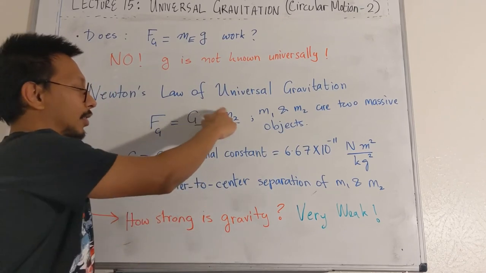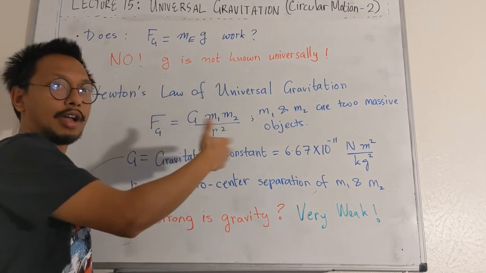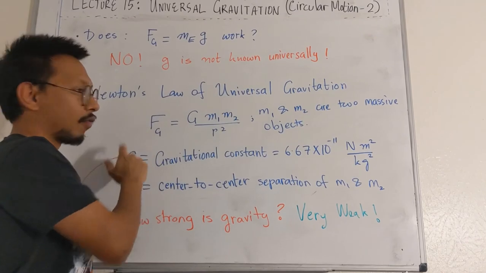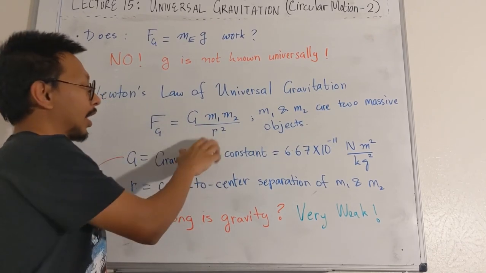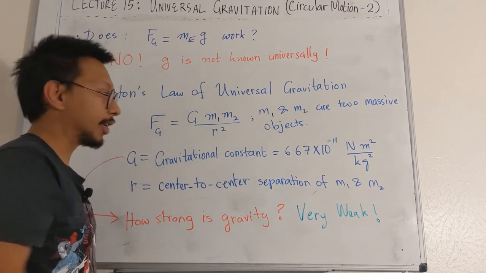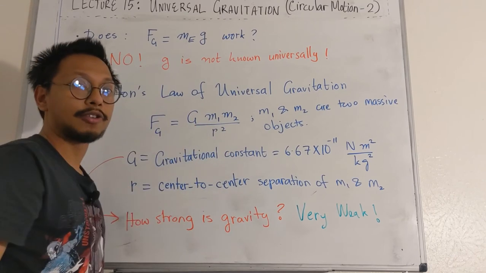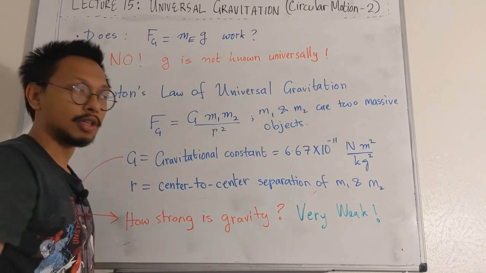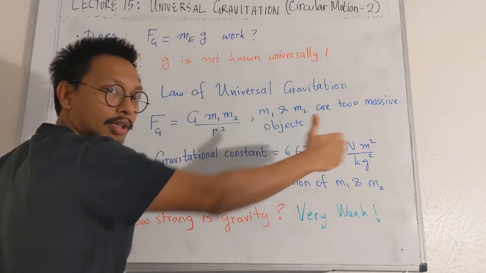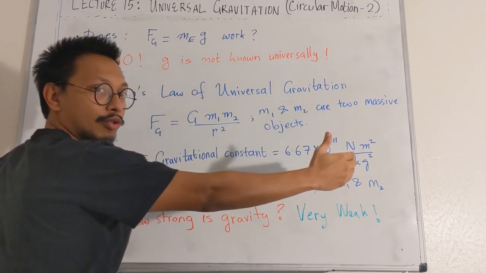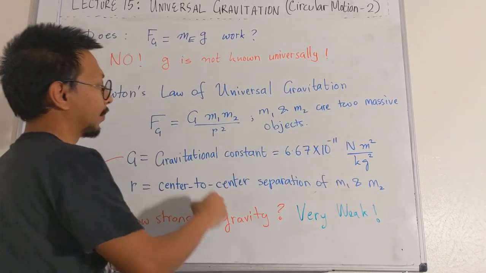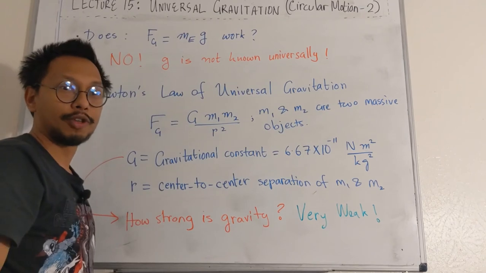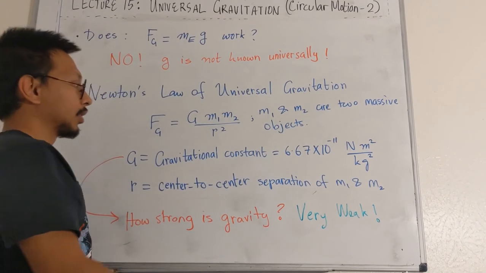So if this product is higher, the force is greater, and it is inversely related to the center to center separation of the two masses. So the further you move m1 and m2 apart, the smaller the gravitational force becomes between them.